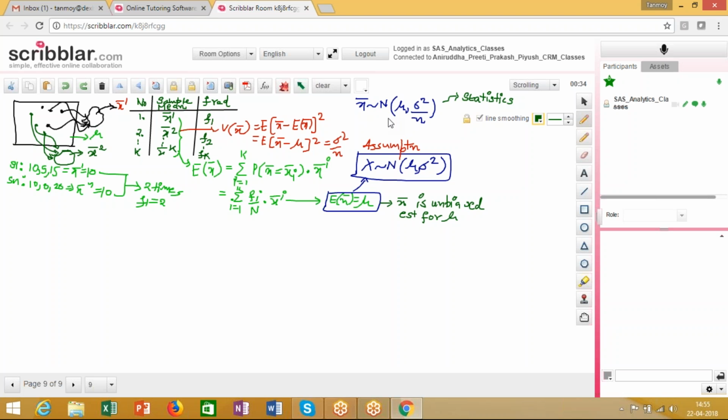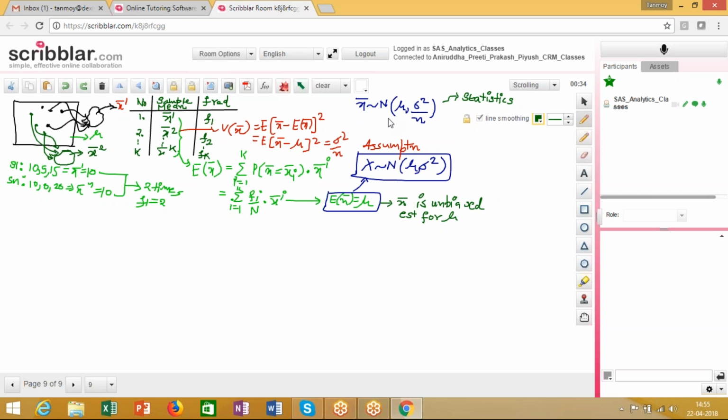It is sufficient as well as unbiased for the population mean mu.